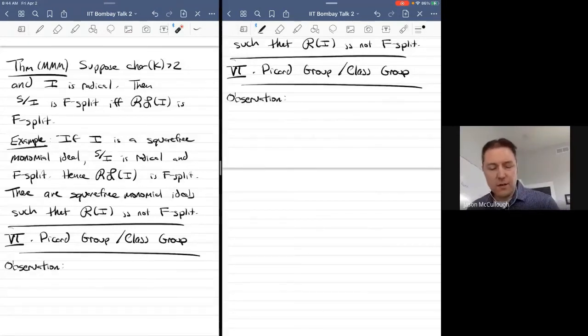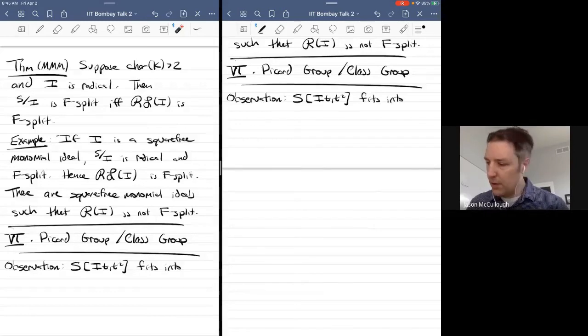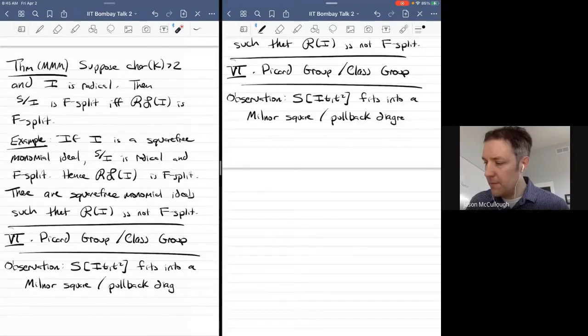which was that one way to think about Rees-like algebras is via pullbacks. So the Rees-like algebra fits into what's called a Milnor square, or if you prefer, just a categorical pullback diagram. It looks something like the following. So the Rees-like algebra shows up over here.